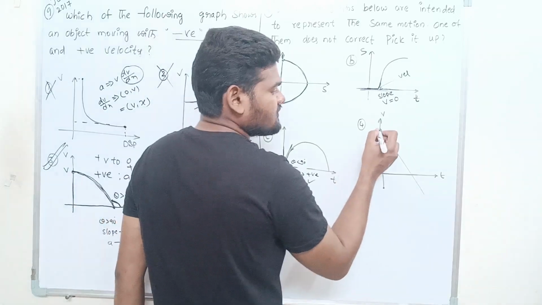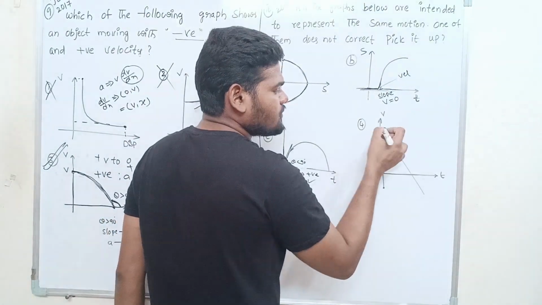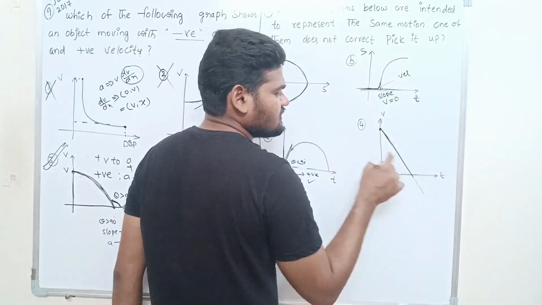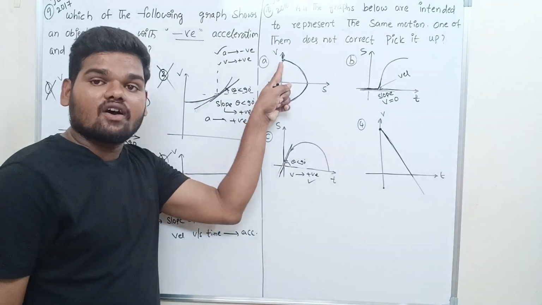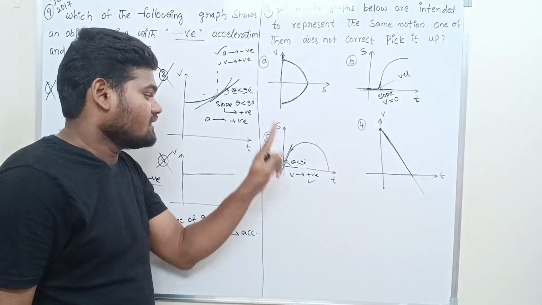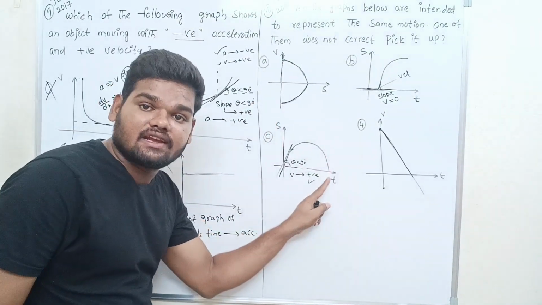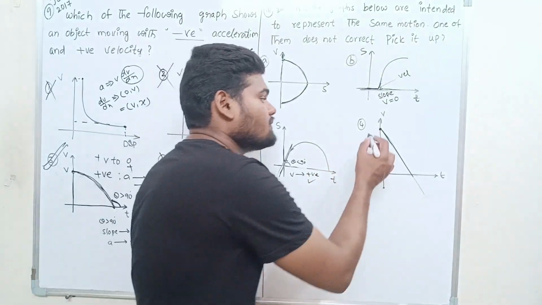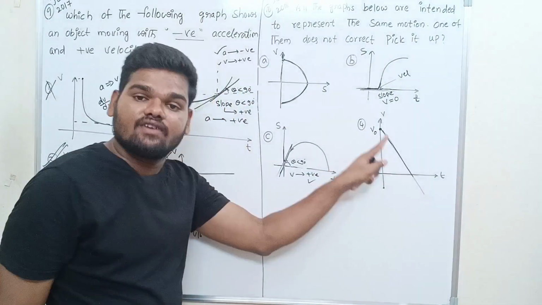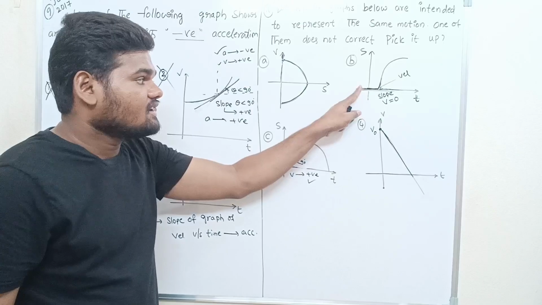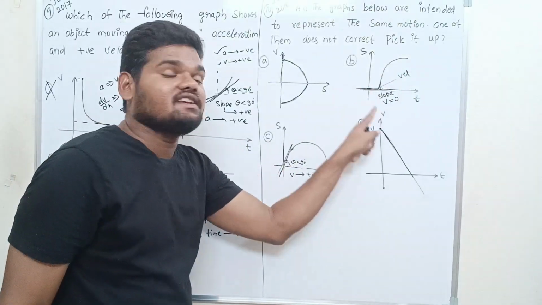Also here at the starting point, the object has some velocity. In this graph, the object has some initial velocity. In this graph also, the object has some initial velocity, let us say v0. But in this graph, the object does not have an initial velocity.